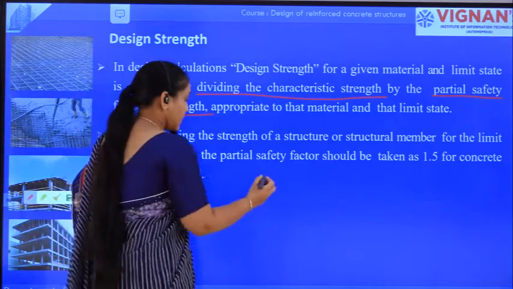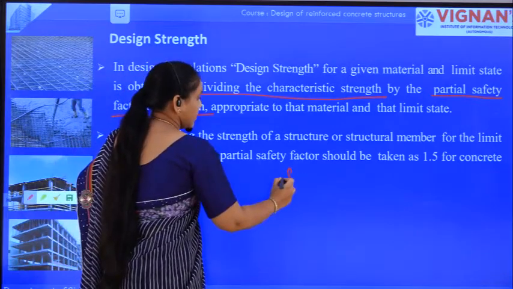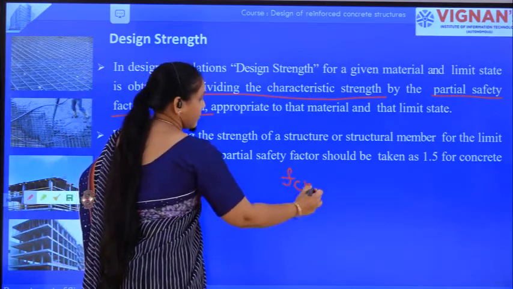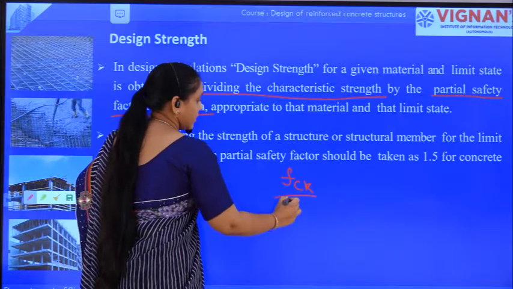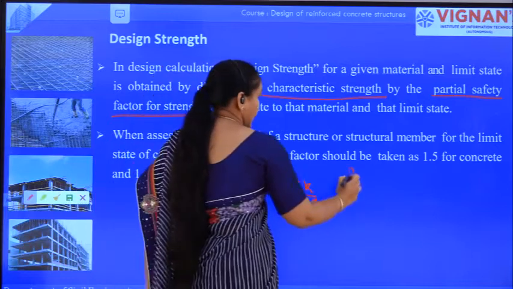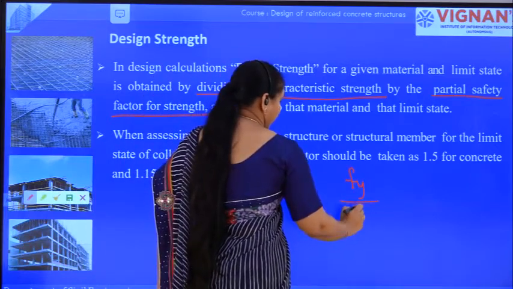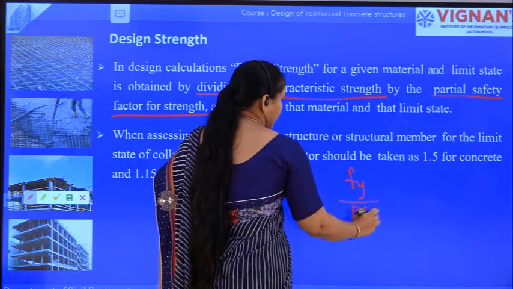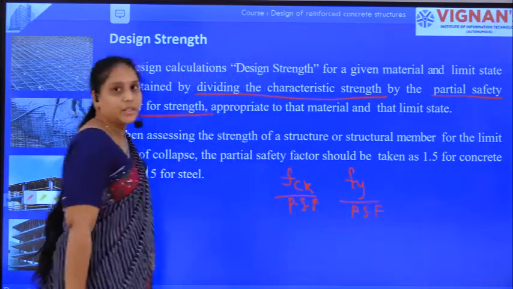The design strength is the characteristic strength fck, if it is concrete, divided by the partial safety factor. If it is steel, then fy divided by the partial safety factor.